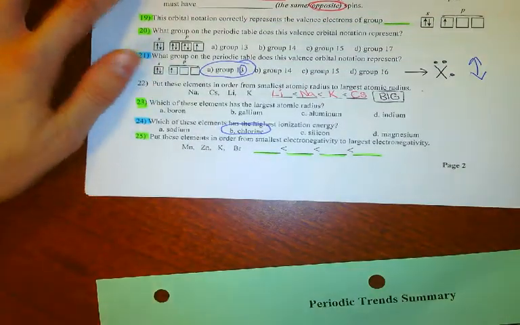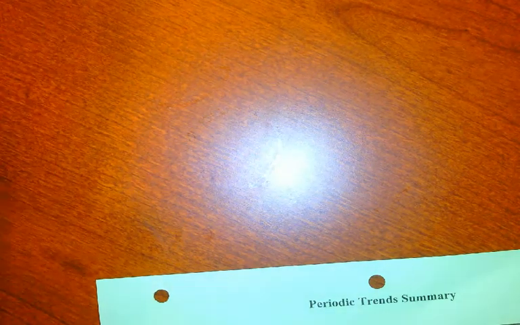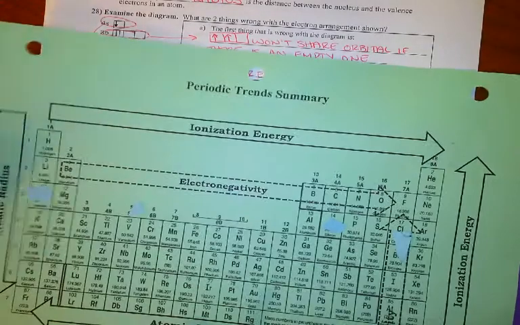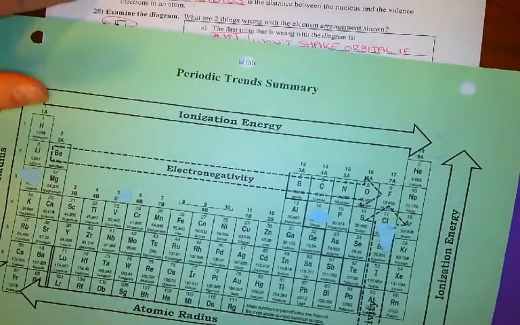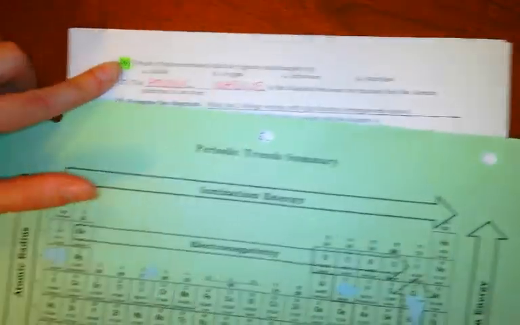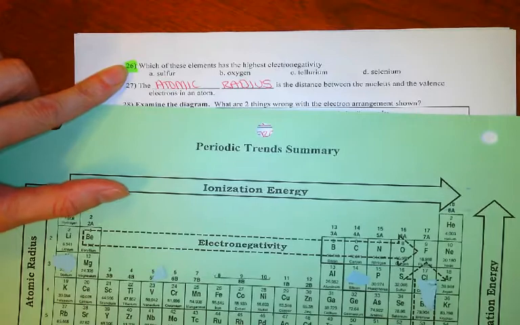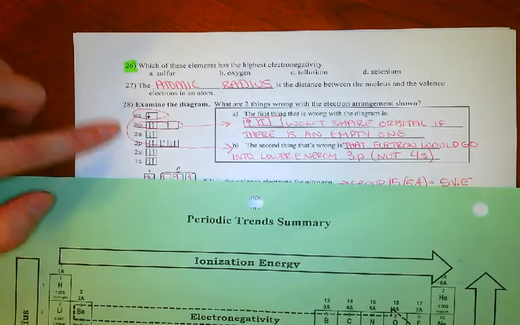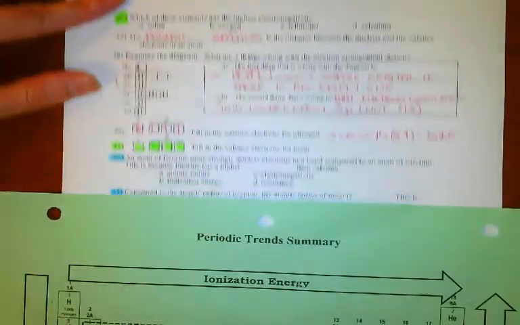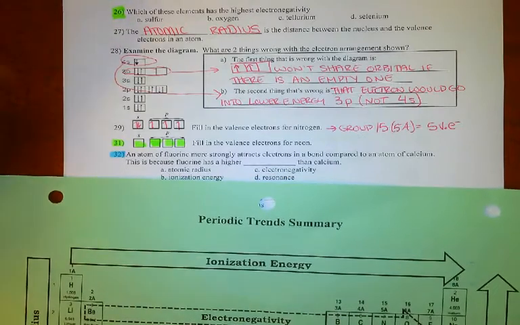All right, go ahead and turn over to page 3. Here on page 3, we're going to have you do electronegativity. Oops, excuse me, let me get on camera. You do electronegativity on your own, and you can check your answers for 28 and 29.